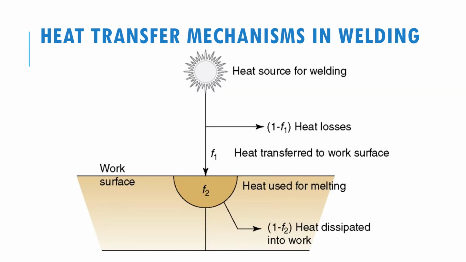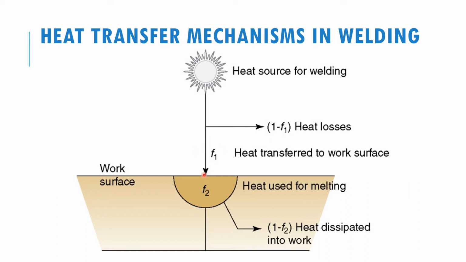Let's see the heat transfer mechanism in welding in this picture. Here you will see the heat source of the welding. When we perform the welding process, F1 is the heat transferred to the work surface. Then there are also heat losses, which is 1 minus F1.